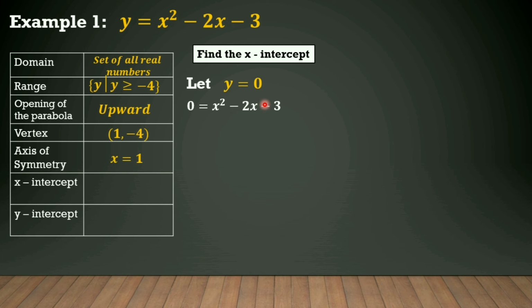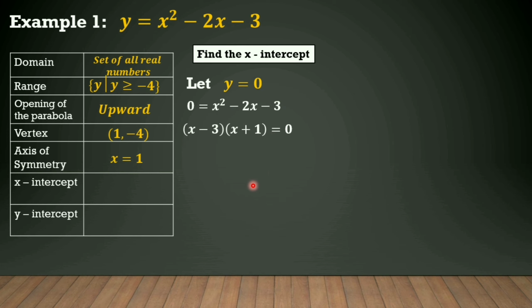Mag-iisip tayo, ano kaya ang possible na factors ng negative 3 na kapag nag-add tayo, negative 2 ang magiging sagot niya. So, the factors are quantity x minus 3 times quantity x plus 1 is equal to 0, because negative 3 times positive 1 is negative 3. Negative 3 plus positive 1 is equal to negative 2.